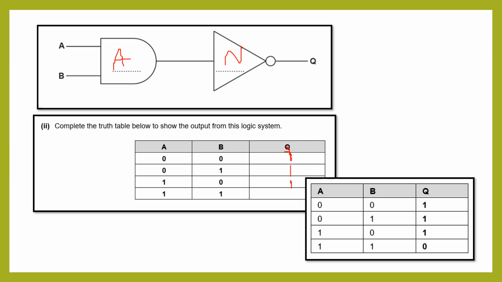If they're both on, 1 and 1, that means the output for this AND gate is 1, because 1 and 1 are both 1. What is NOT a 1? Well, it's a 0. That's why this reverse would be unusual. But that's the logic. That's a really nice 4 marks if you get that, by the way. Rub your hands together.